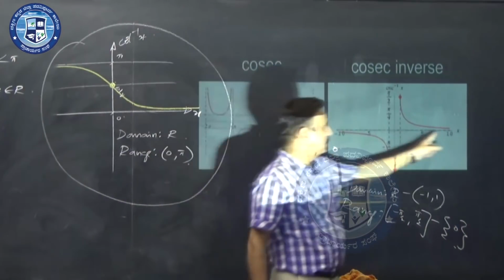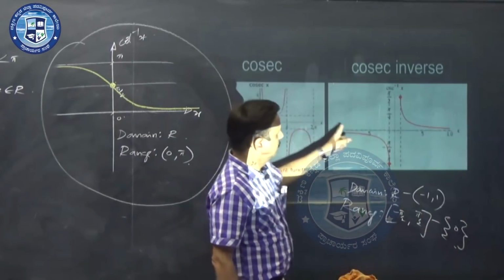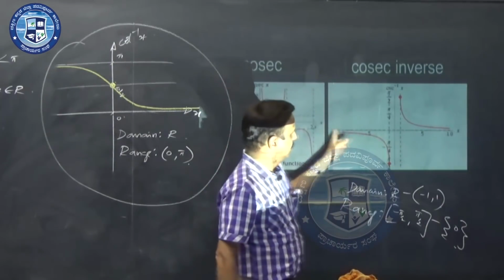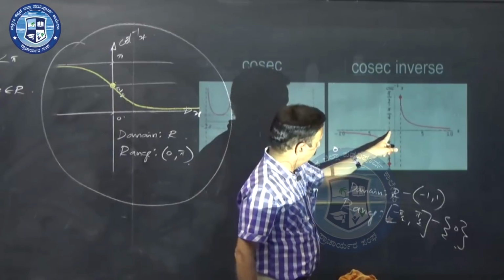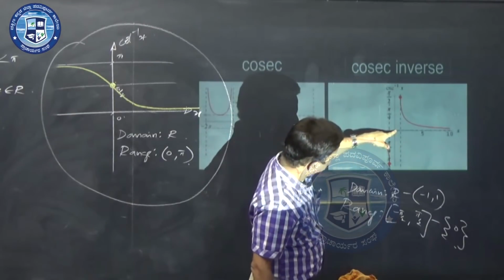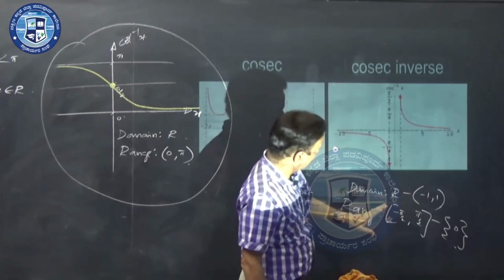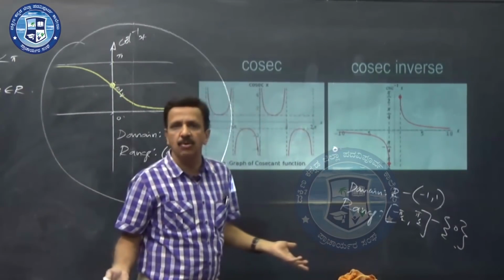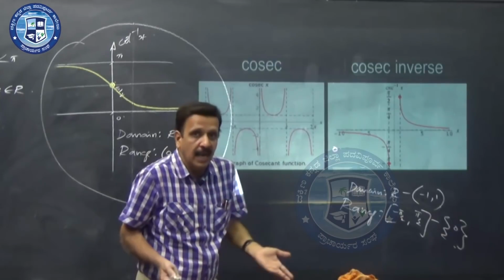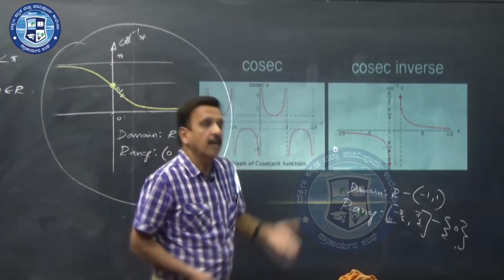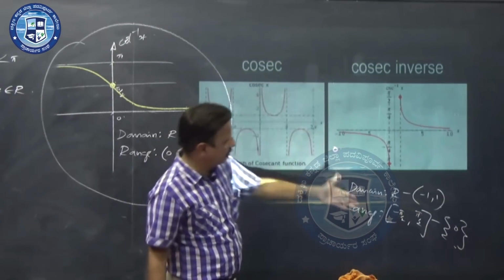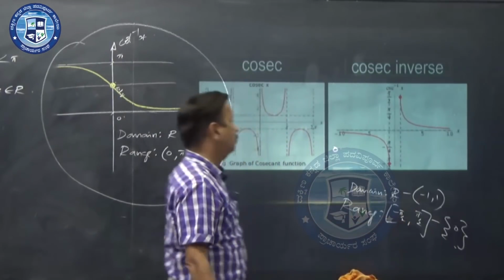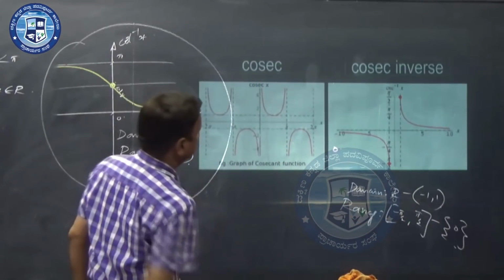The graph does not exist at x equals 0. Cosec inverse x is an angle, but it cannot be 0, so the range is between minus pi by 2 to plus pi by 2 minus the set containing 0.